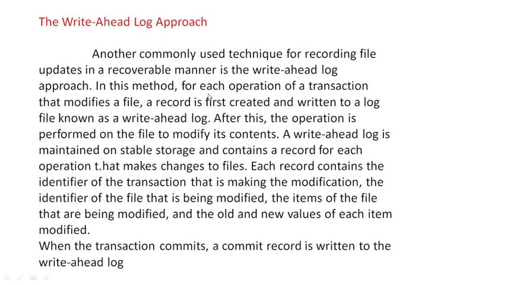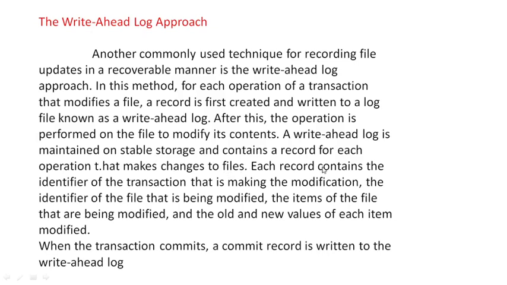After this, the update operation is performed on the file to modify its contents. This log file is maintained on a stable storage and it contains a record for each operation performed by the user or any transaction. So all those record changes will be made to files.